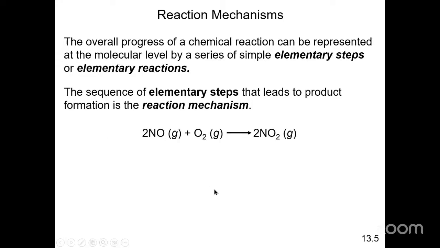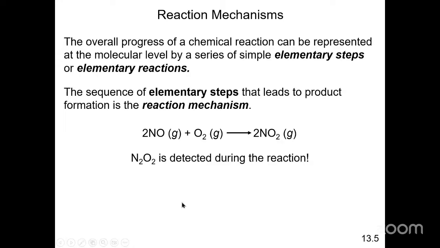Here's a very simple example of an overall reaction: 2 nitrogen monoxide molecules reacting with 1 oxygen molecule to form 2 nitrogen dioxide molecules. Somebody did an experiment and detected this molecule as the reaction was progressing. Therefore, whatever mechanism you put forward must include the formation of that molecule.